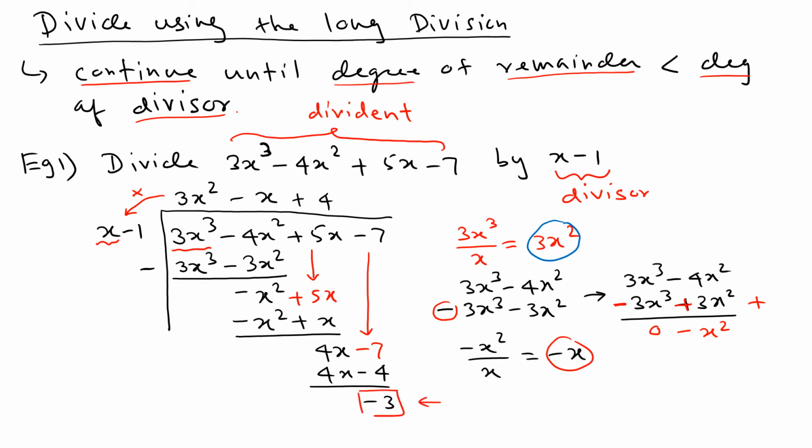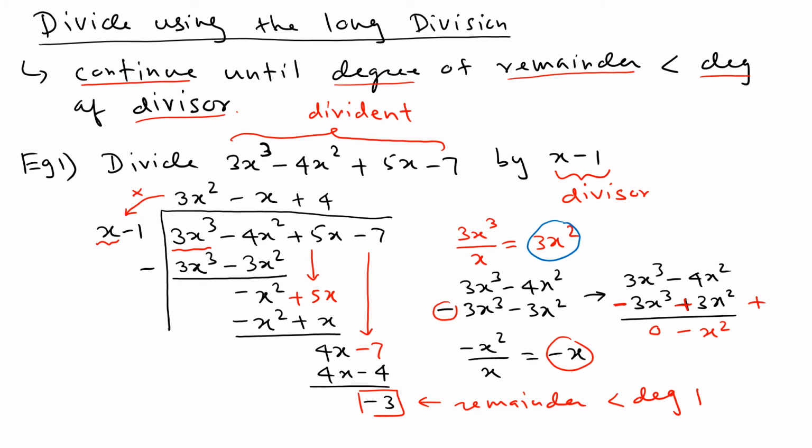So that's the remainder, and you can see that the degree of that term is smaller than the degree of the divisor, so you stop. The degree of the remainder is less than the degree of x minus 1, which is degree 1.